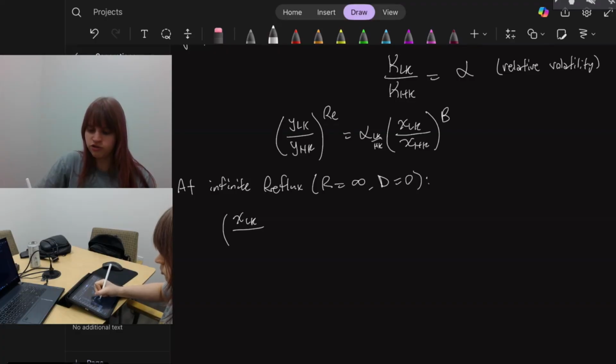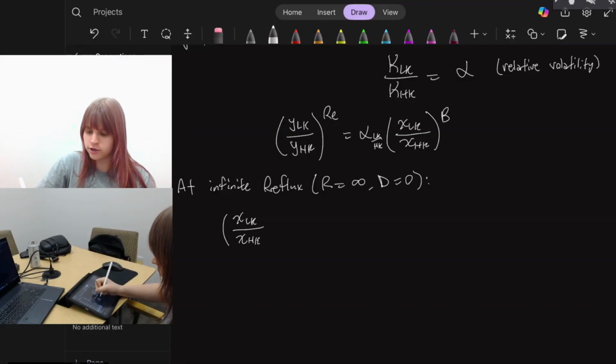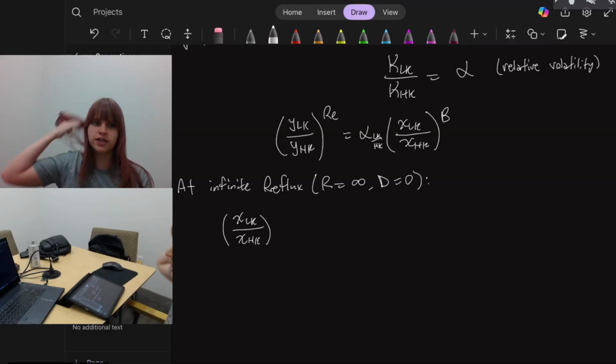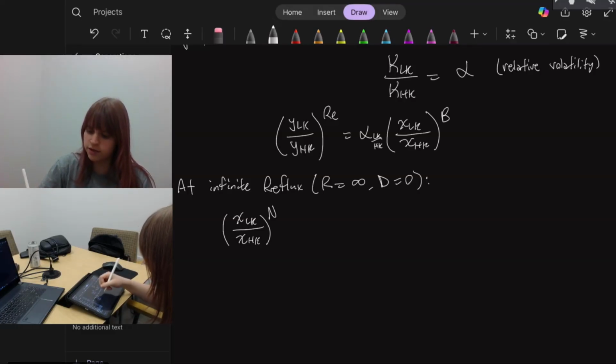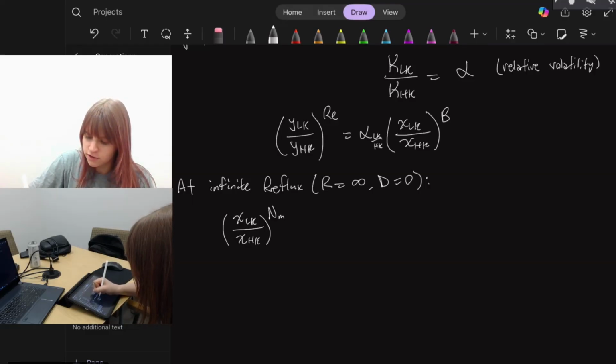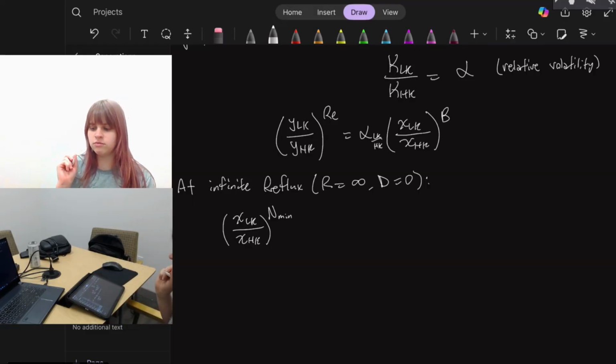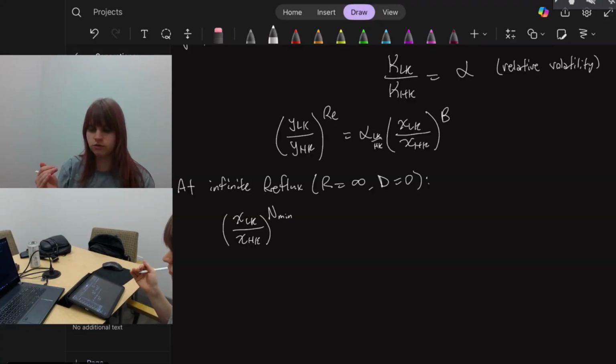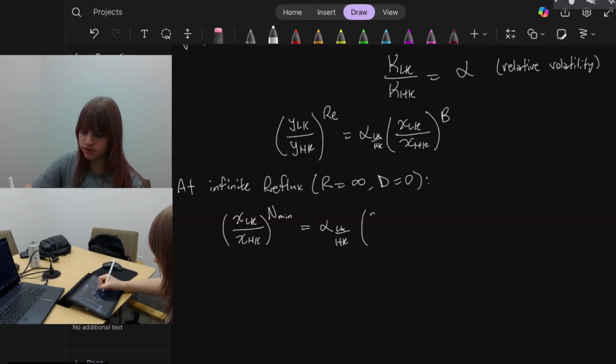our liquid composition of the light key divided by our liquid composition of the heavy key to the n. That is the stages. Here I'm going to label that as n min, but from now on I'm just going to put it as n, equal to our relative volatility times x light key over x heavy key, and that is the bottoms.